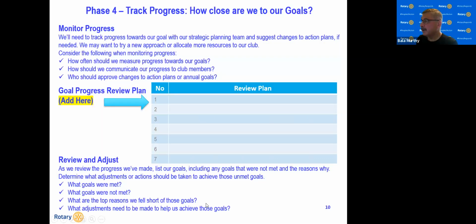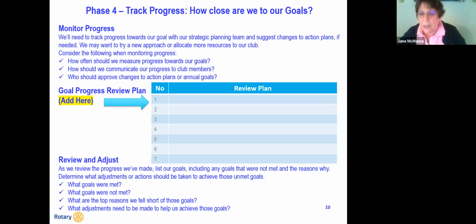If you reach your $40,000, how are you going to know? I mean, dollar-wise coming in, you'll know that one pretty well. But some of the other ones that you've identified, how are you going to know your progress? And I think that's what this sheet right here is all about.